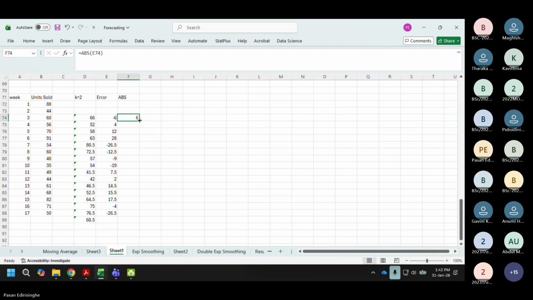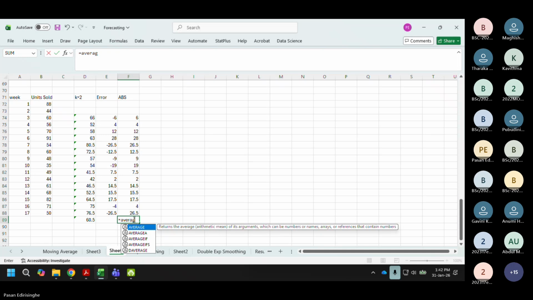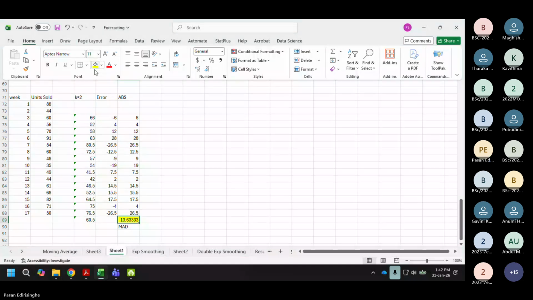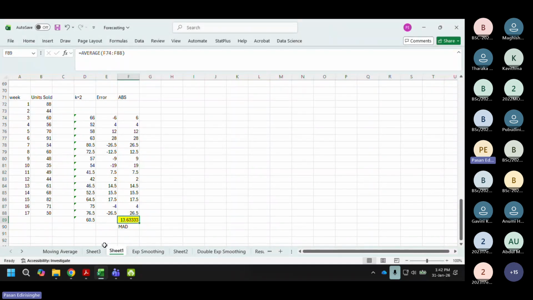Then we do the calculation by taking the average. By taking the absolute value and then the average, that's going to be the mean absolute deviation.